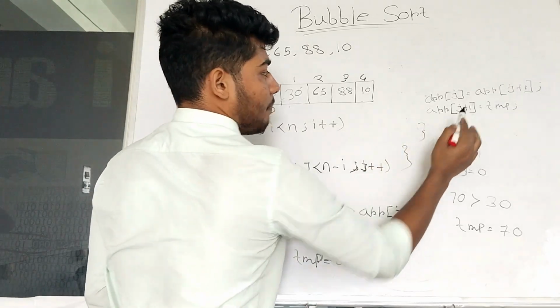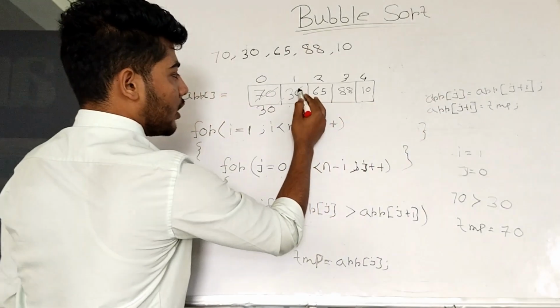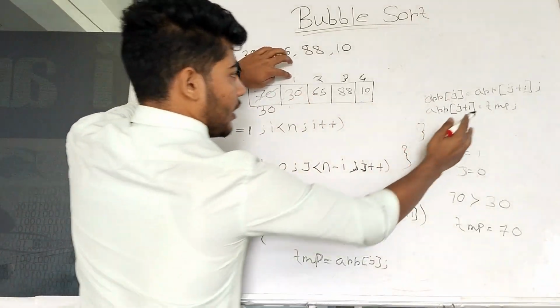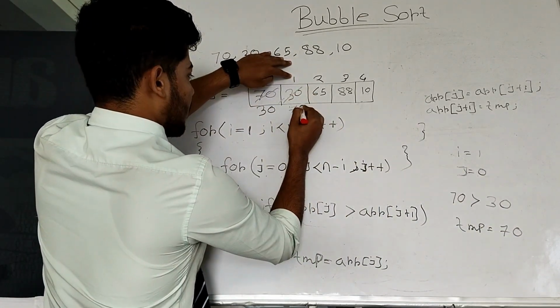Next, arr[j+1], with j as 0, means arr[1], this position will be tmp. tmp equals 70, so 70 will come here.